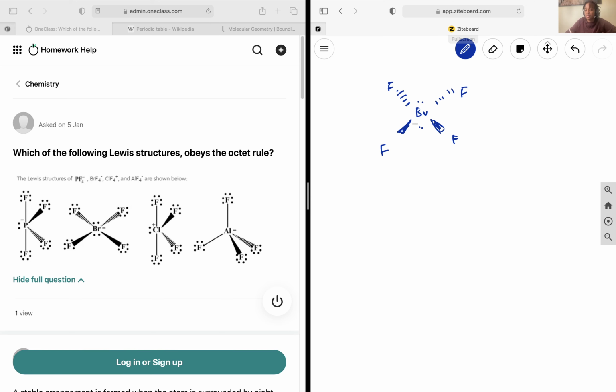I care about the electrons around the central atom. And so let's count them. I have 2, 4, 6, 8, 10, 12. So I have 12, which is clearly over the 8, and so not obeying the octet rule.